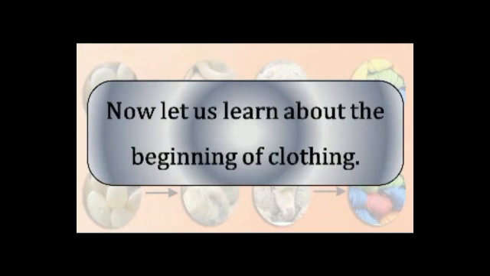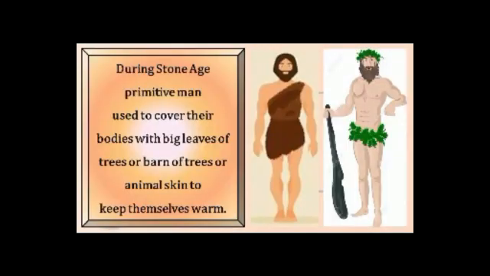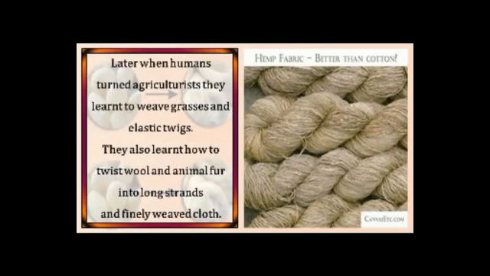Now, let us learn about the beginning of clothing. During Stone Age, primitive man used to cover their bodies with big leaves of trees or bark of trees or animal skin to keep themselves warm. Later, when humans turned agriculturists, they learned to weave grasses and elastic twigs.